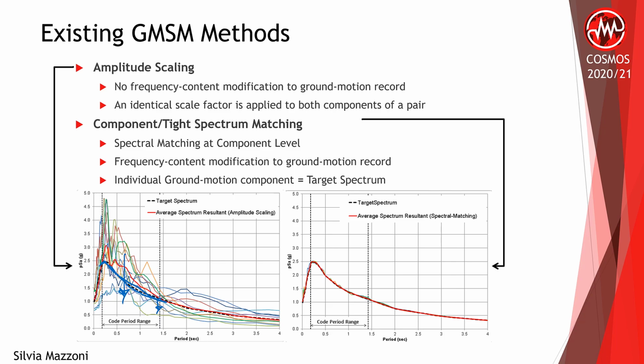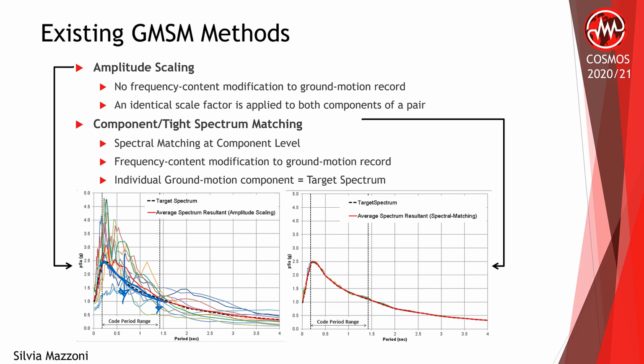With tight spectral matching, on the other hand, here's what the records look like, where each record pair, the max component, is right on your target spectrum. There is no variability, record to record, nor period to period variability in these ground motion pairs. There is variability between the components, though, and so if you were to plot out the components of all these records, it would all be in that same range, but you're keeping that relationship between the two components.